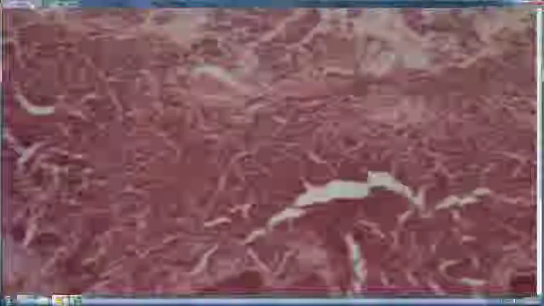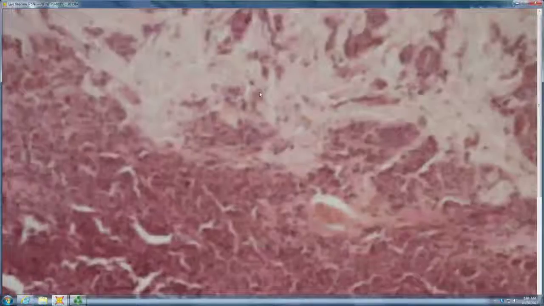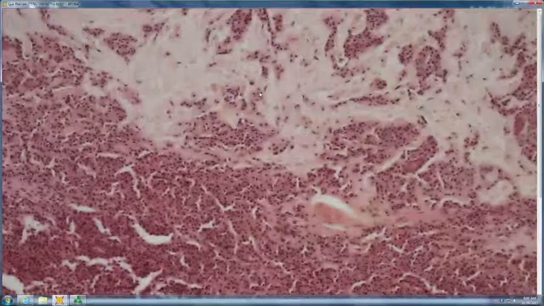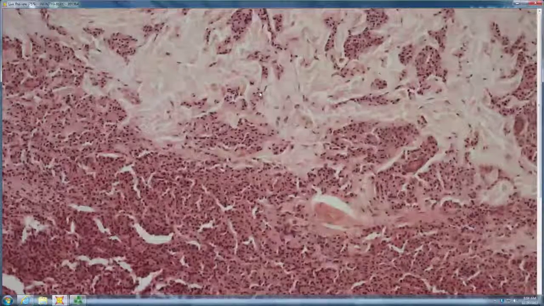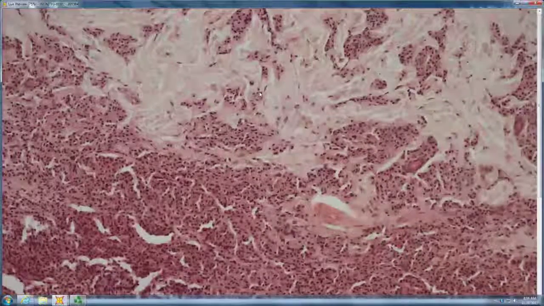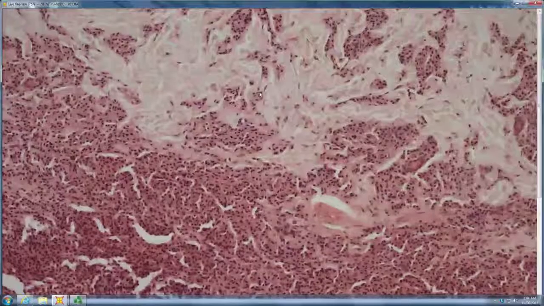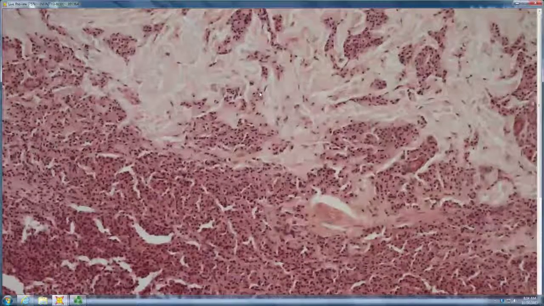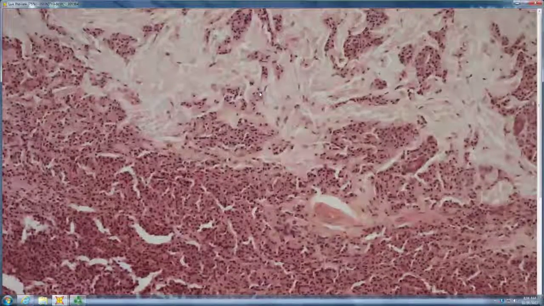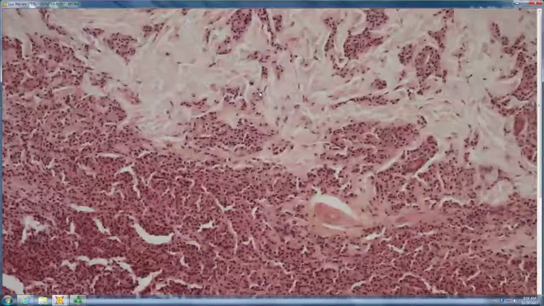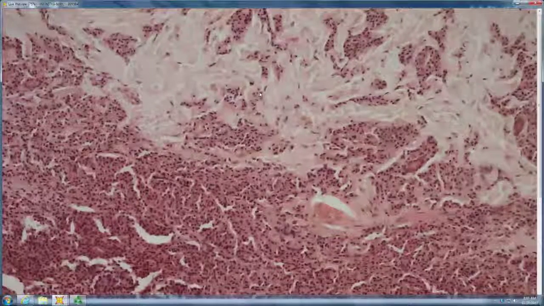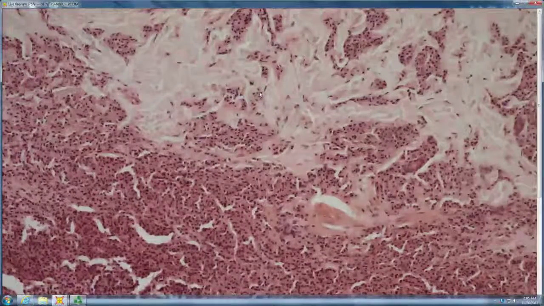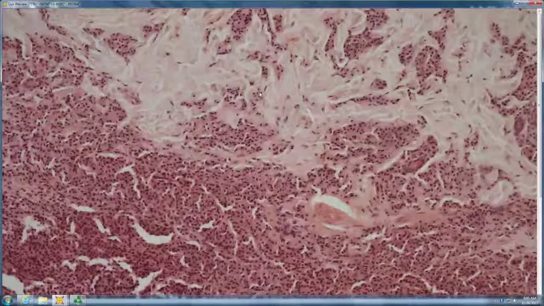Okay, Brian, how about this one? This is a large aggregate of mast cells. It is a large aggregate of mast cells. So this would put me into a solitary mastocytoma. Yeah, it looks more like a solitary mastocytoma. Mast cells look like fried eggs, not one I would want to eat because the yolk is black. Right?